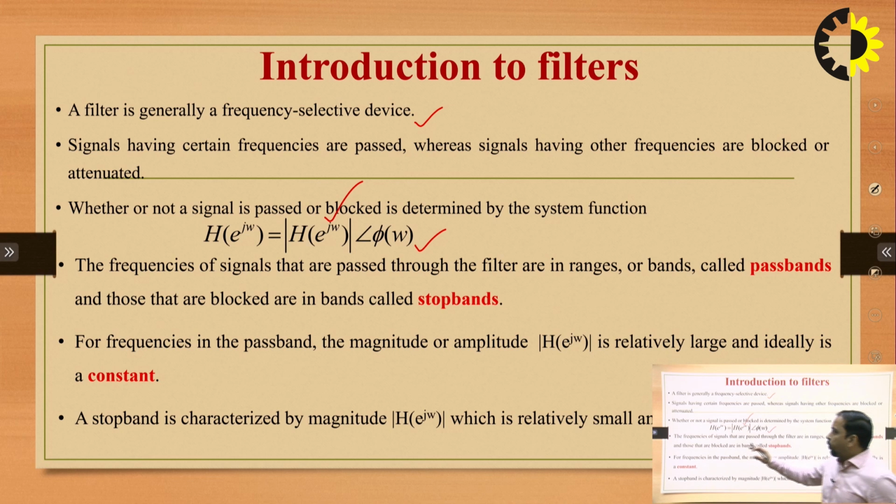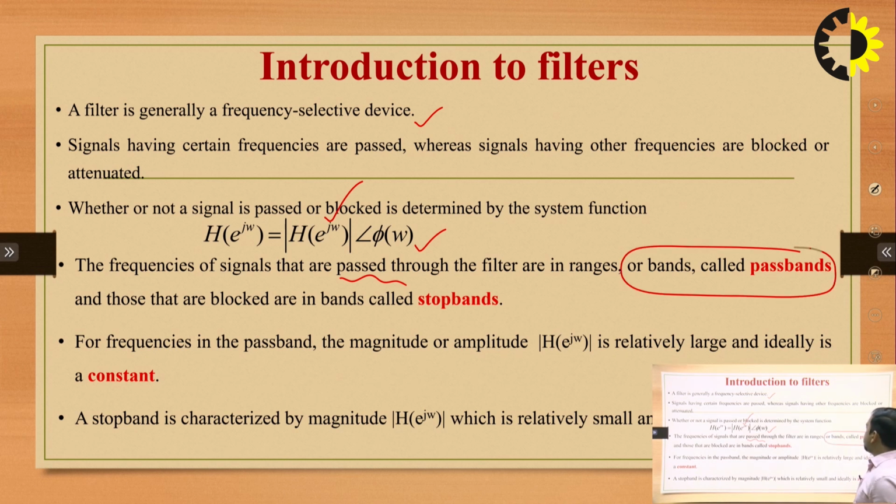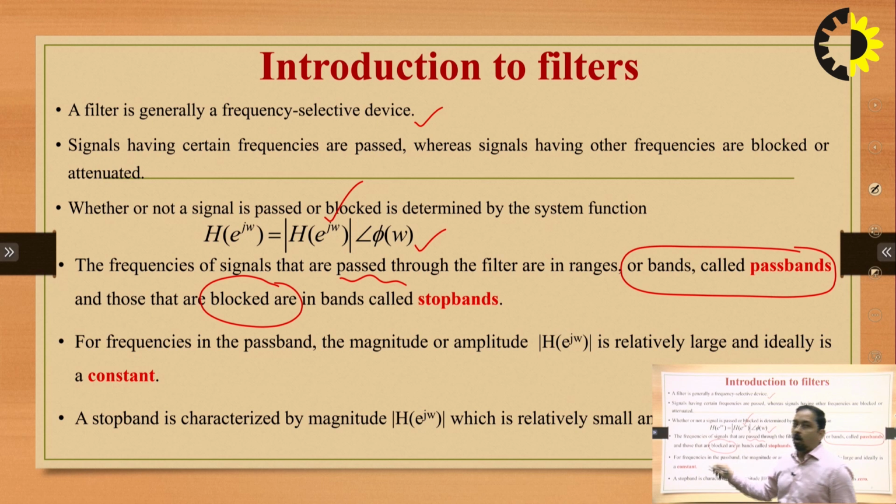The range of frequencies of a signal that are passed through the filter is called the pass band, whereas the range of frequencies which are blocked by the filter is called the stop band.